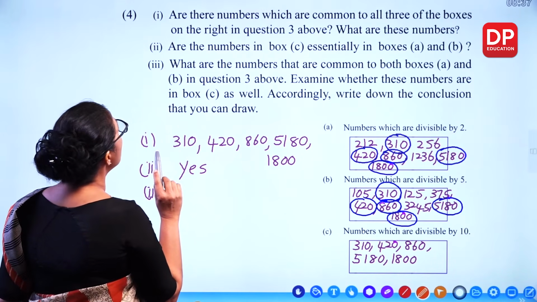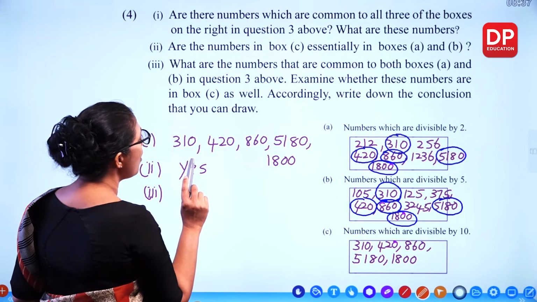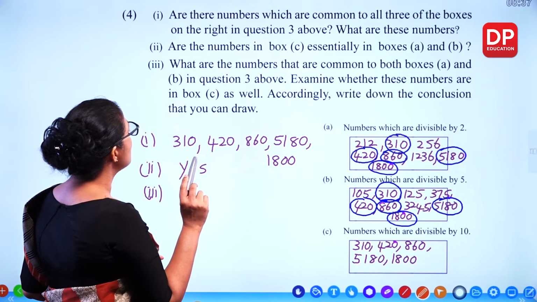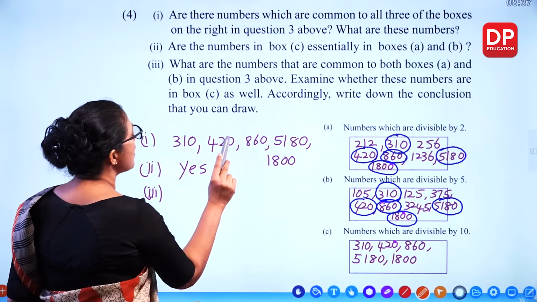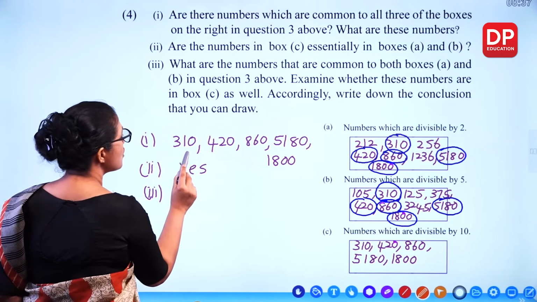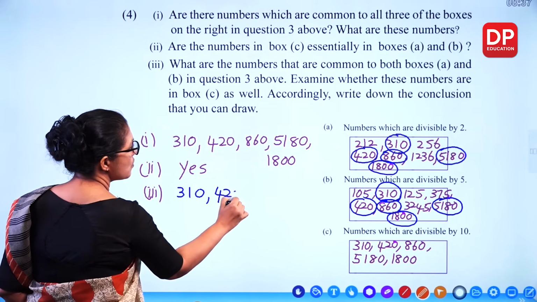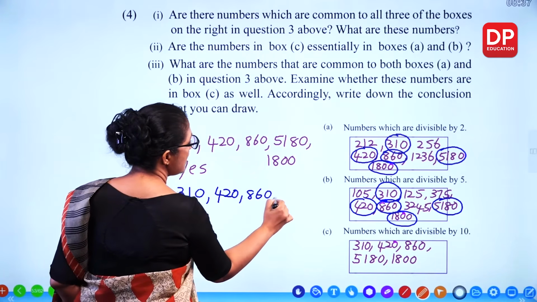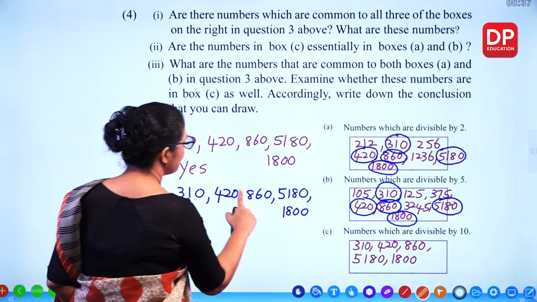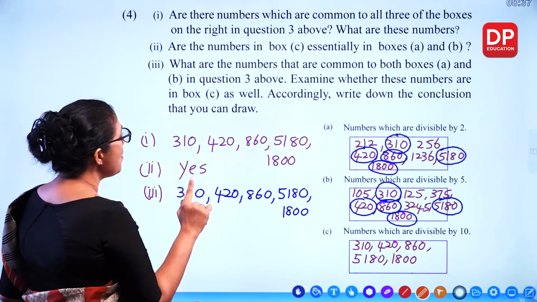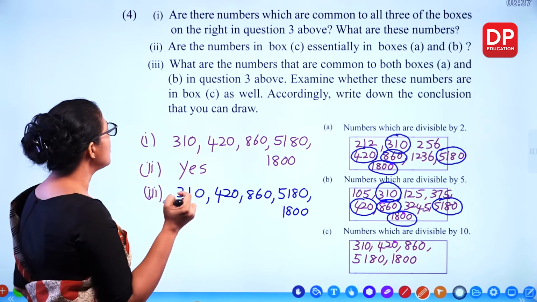So in question 3, examine whether these numbers are in box C as well. Accordingly, write down the conclusion that you can draw. So here we can say the numbers common to both boxes A and B in question 3 above, I can write 310, 420, 860, 5180 and 1800. Examine whether these numbers are in box C as well. Accordingly, write down the conclusion.